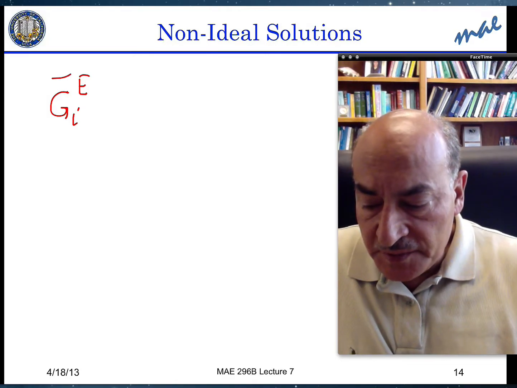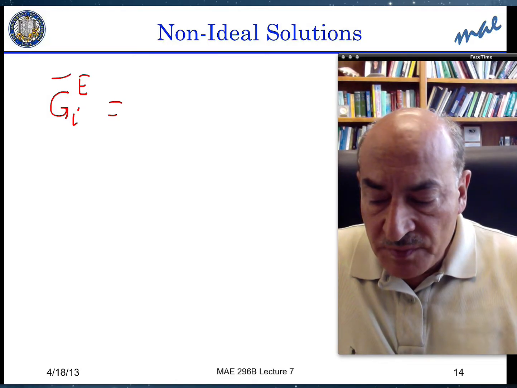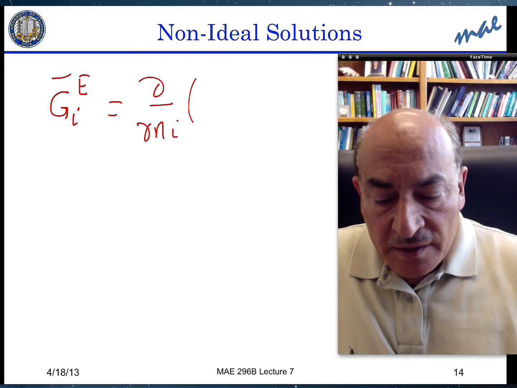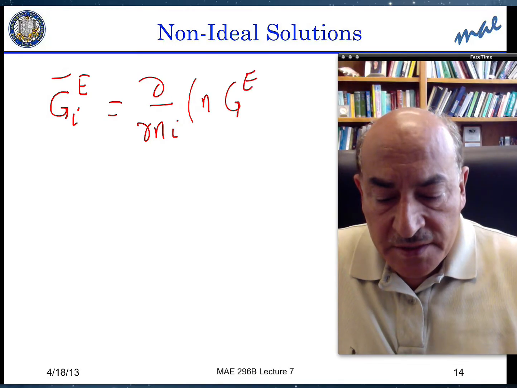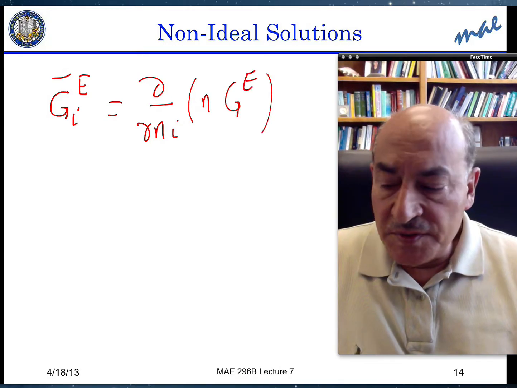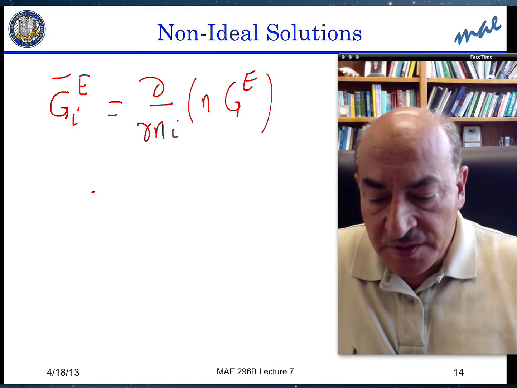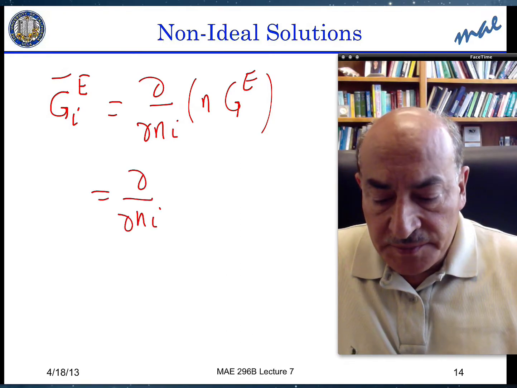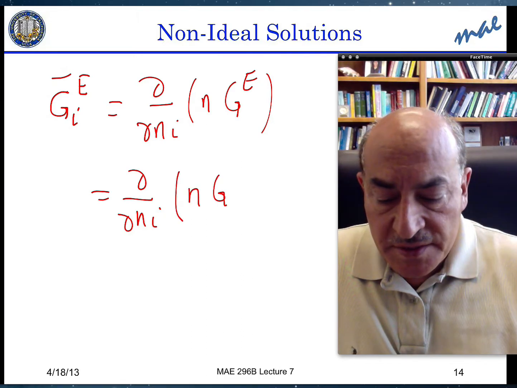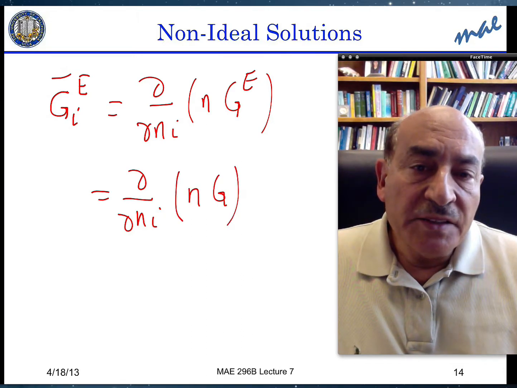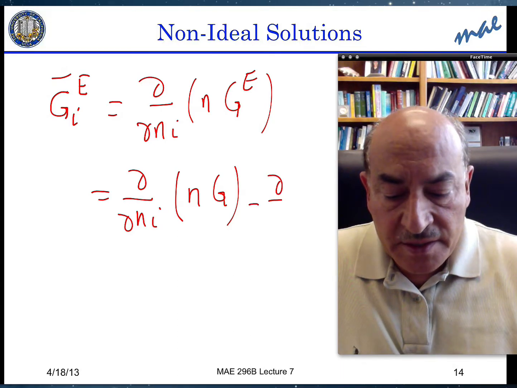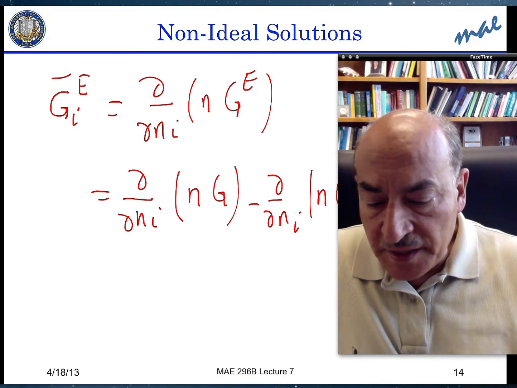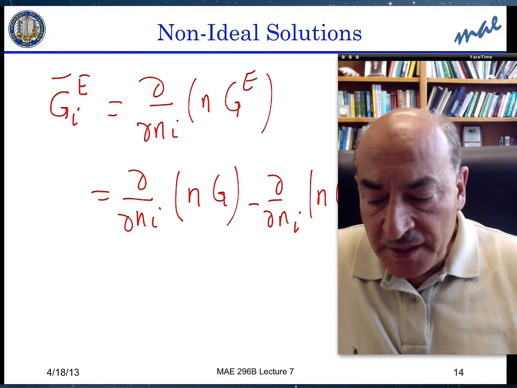We define it as equal to d by dni of NG excess. This is the excess Gibbs free energy, and that is the difference between the real and the ideal. So the real is d by dni of NG, and the ideal is d by dni of NG, now with the superscript ID.